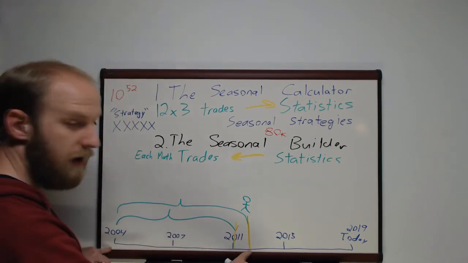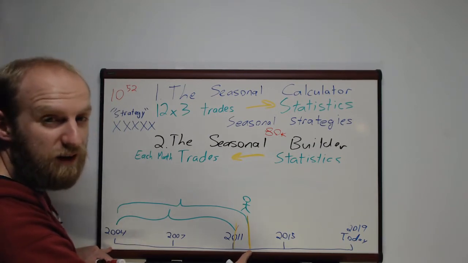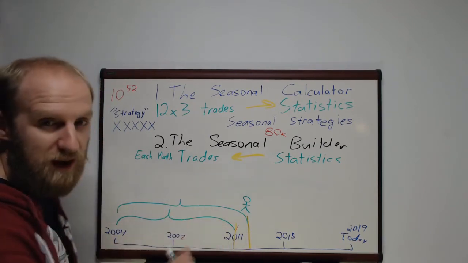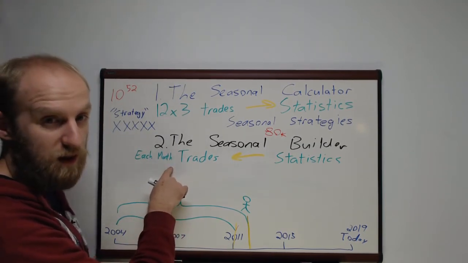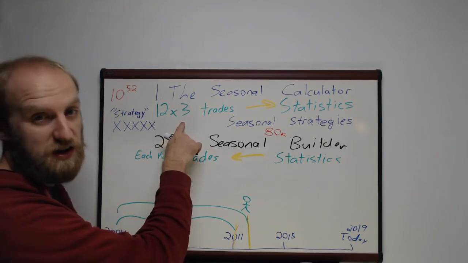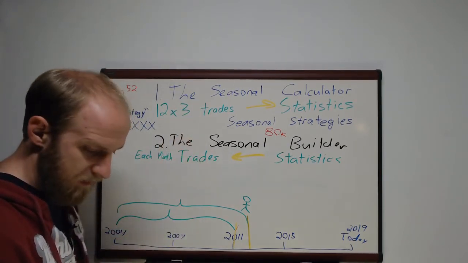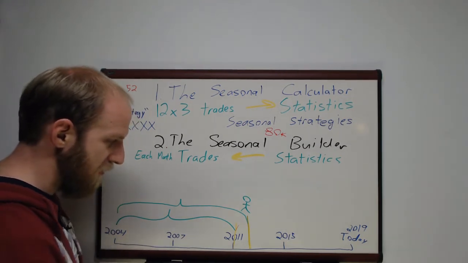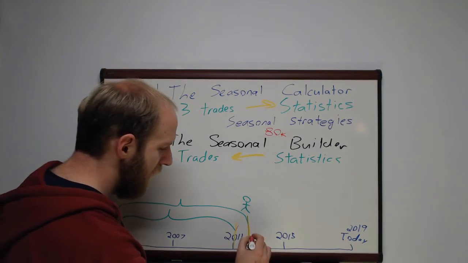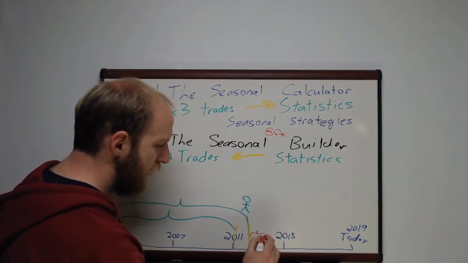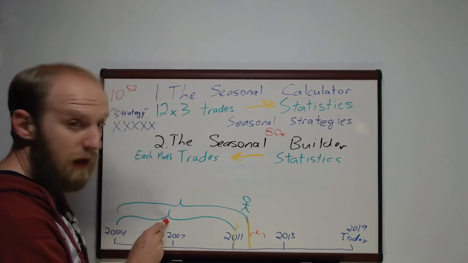So now I'm studying 2004 to 2012 data, 1 extra year of data. That changes my data set, which means it's going to change the trades that I'm making every month, which means then in turn it's going to change my strategy. So then on that new strategy that I just made at the very end of 2012, now I'm going to apply that in 2013.